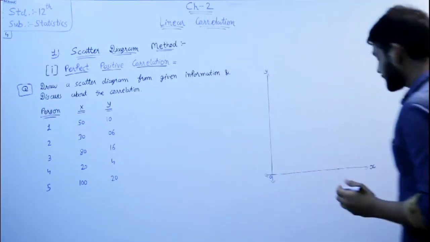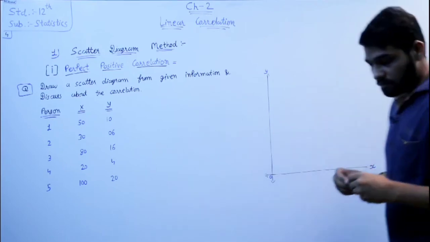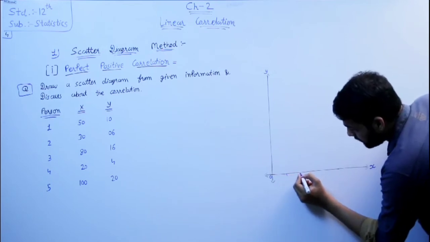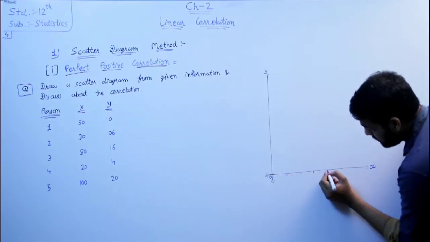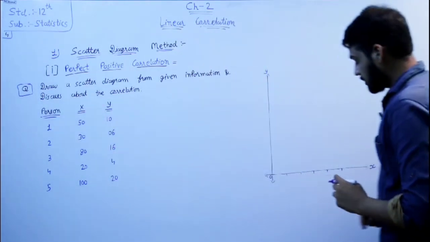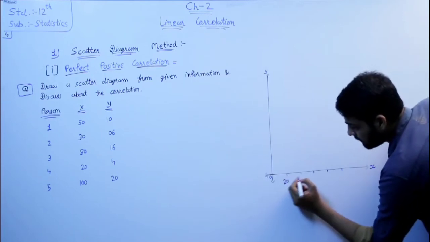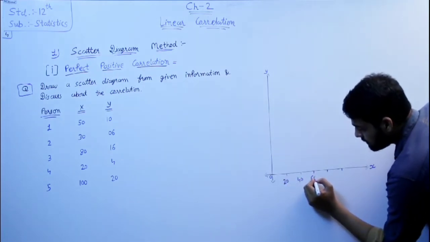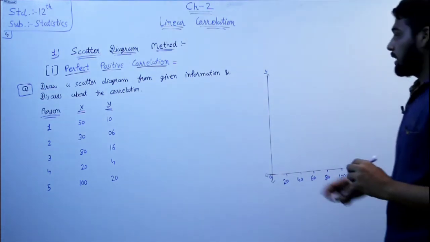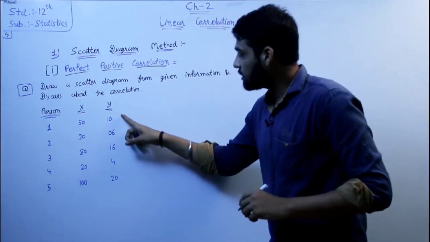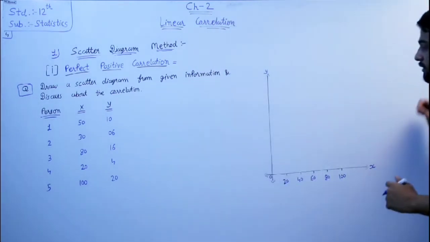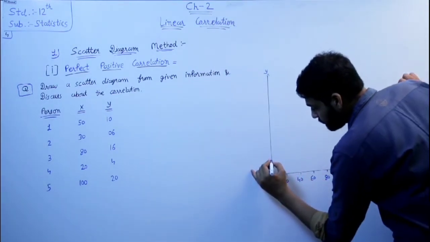On the x-axis we take a gap of 20 between two values: 20, 40, 60, 80, and the maximum value of x is 100. On the y-axis we take the values of the y variable: 10, 6, 16, 4 and 20. The gap between two values is 4.